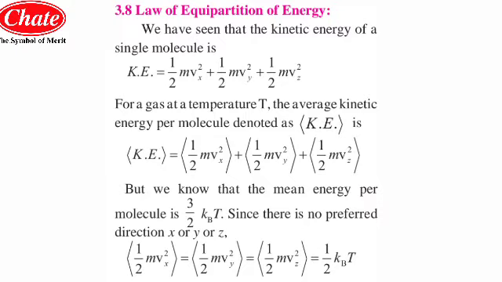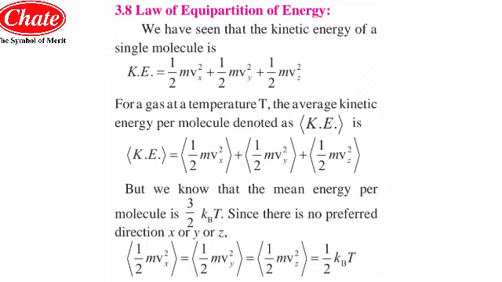So it may be given as K is equal to half m vx square plus half m vy square plus half m vz square. For a gas at temperature T, the average kinetic energy per molecule is half m vx square plus half m vy square plus half m vz square. But we know that the energy per molecule is 3 by 2 kBT.